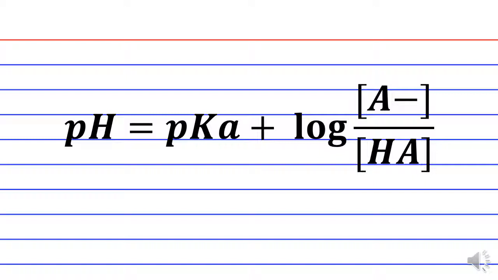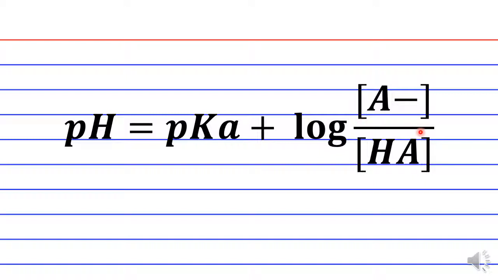If you look at the numerator of this ratio, you have the concentration of conjugate base. So at the equivalence point, this predominates, and then you're going to get a larger log, and an increase in the overall value of the pH.